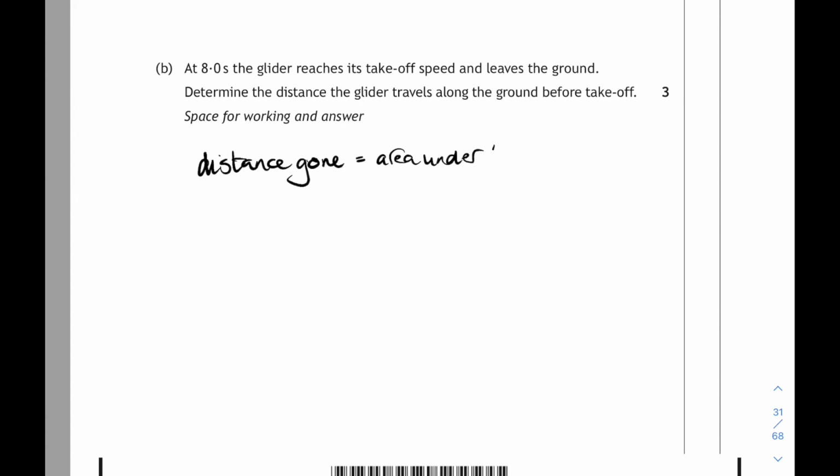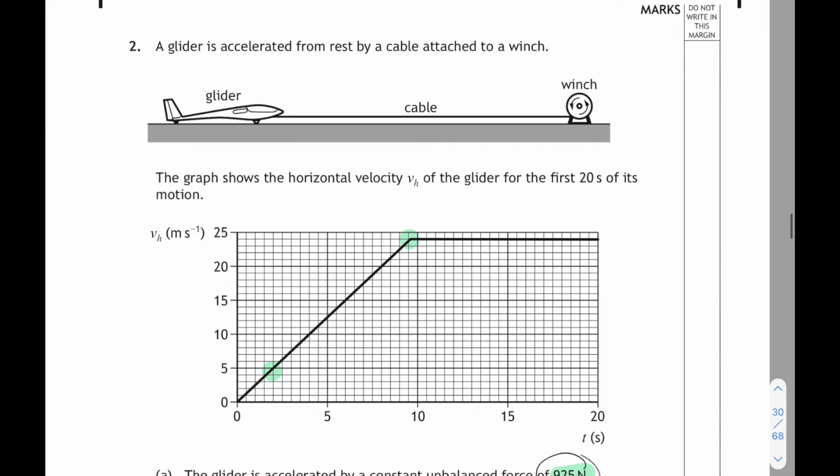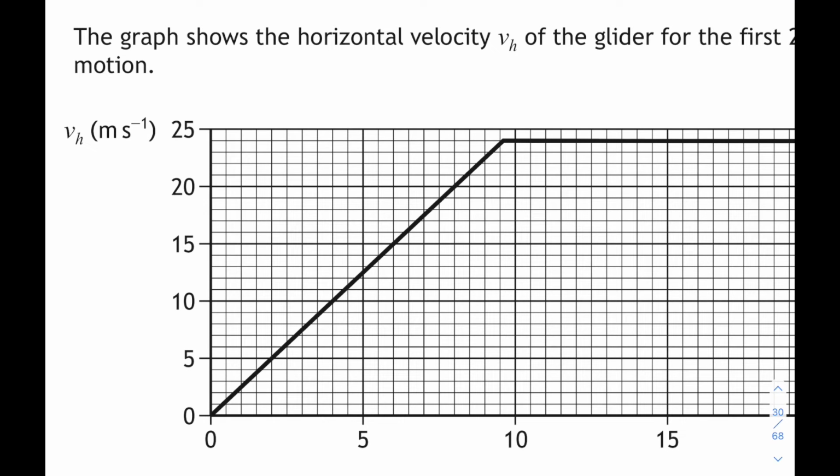So distance gone is the area under the speed time graph or velocity time graph, and it's 8 seconds we're interested in. So if we look along at 8 seconds, well, let's zoom in on this graph a wee bit and let's put the 8 seconds on. That's there. And then the velocity at that time is 20 metres per second.